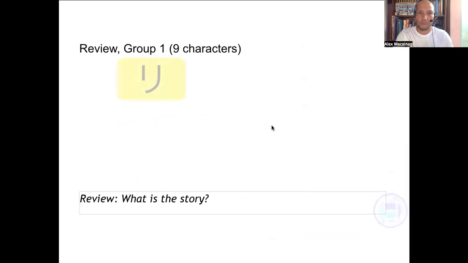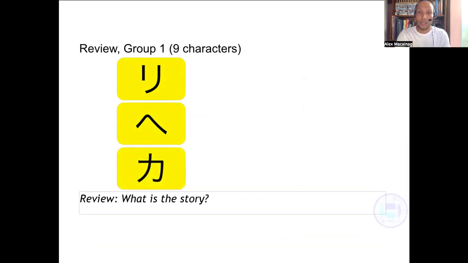Let's review. Hey, what is this? Sou desu ne, ri. Simple version of hiragana ri. What is this? This is he. It looks exactly the same as hiragana he. What is this? Simple version of hiragana ka.